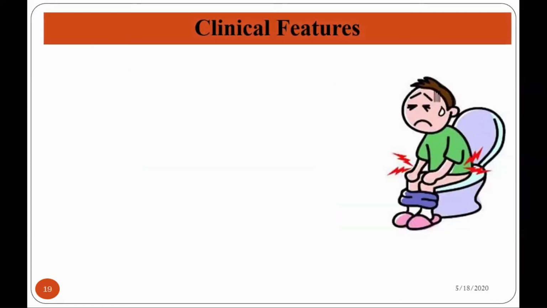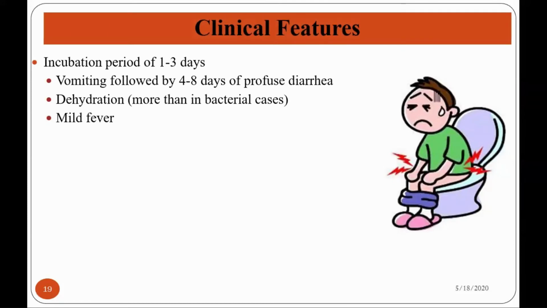The main signs and symptoms of rotaviral gastroenteritis are mostly diarrhea and vomiting, and these rotaviruses have a very short incubation period, that is 1 to 3 days. After 1 to 3 days of incubation, in the person affected by these rotaviruses, we can see vomiting and profuse watery diarrhea.